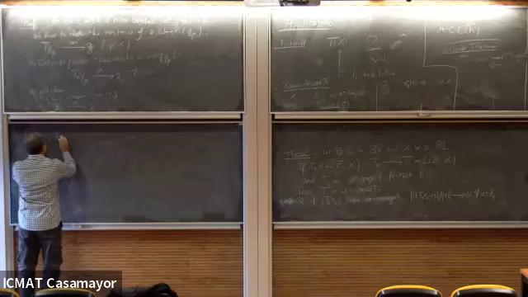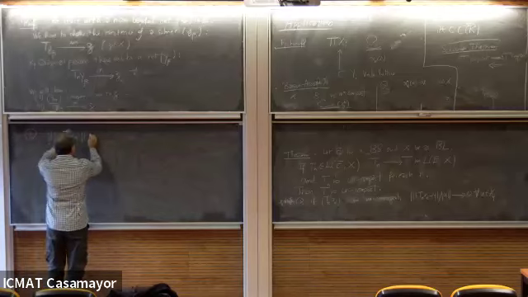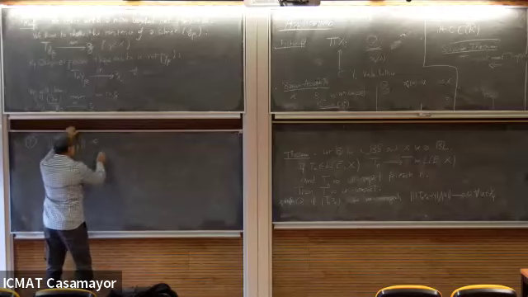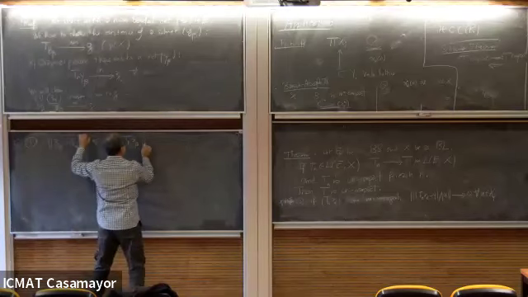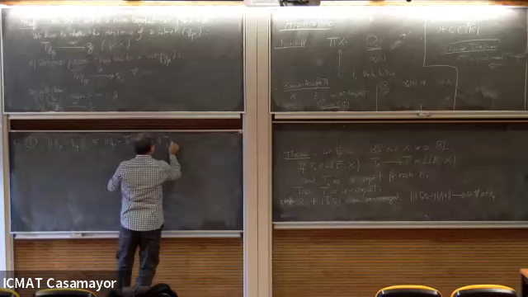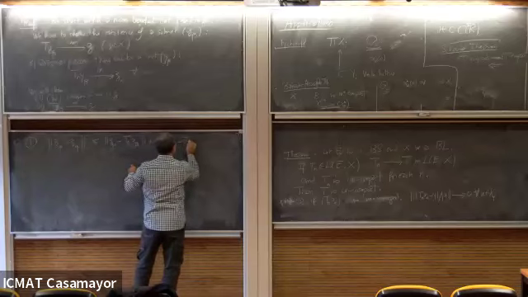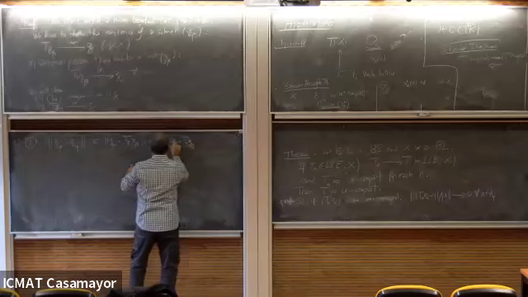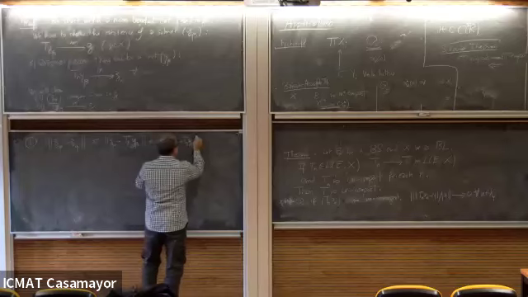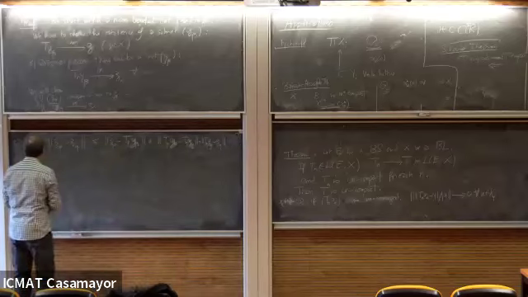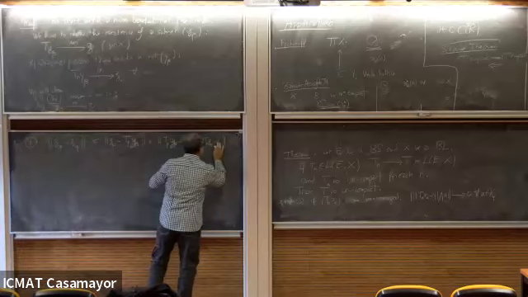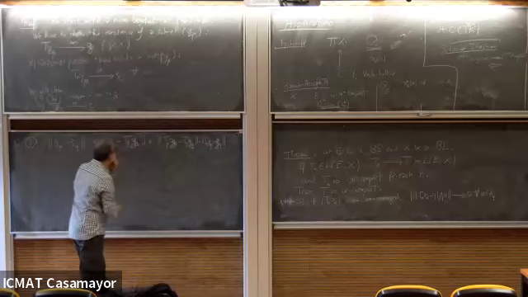So we will write Zp minus Zq by using the triangle inequality. So it's Zp minus Tp y beta, plus Tp y beta minus Tq y beta, plus Tq y beta minus Zq.